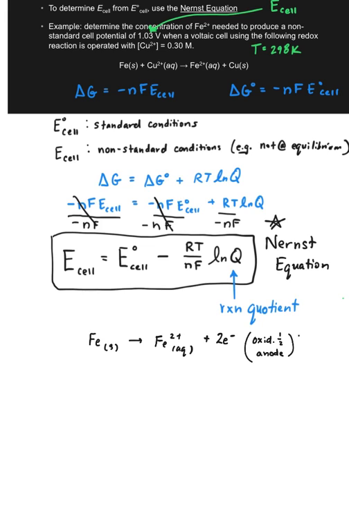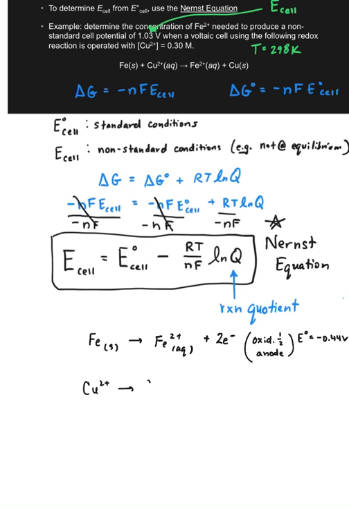Like I said, I would have you look up on your own the standard reduction potential for this reaction if you were in class with me. But here I'll give it to you. It's 0.44 volts and it's negative. The second half reaction of concern must be a reduction half reaction.